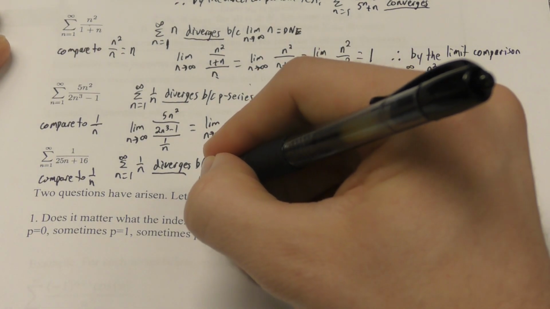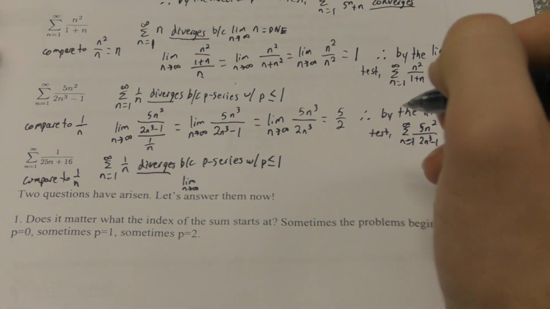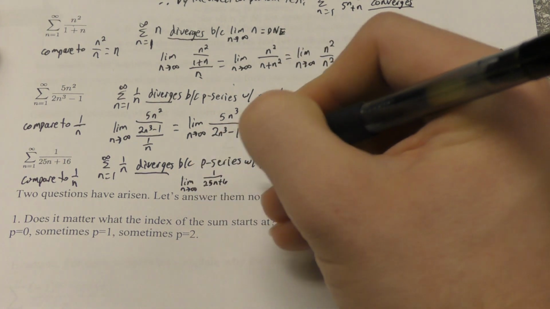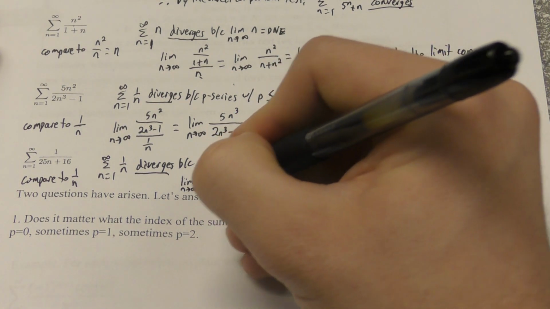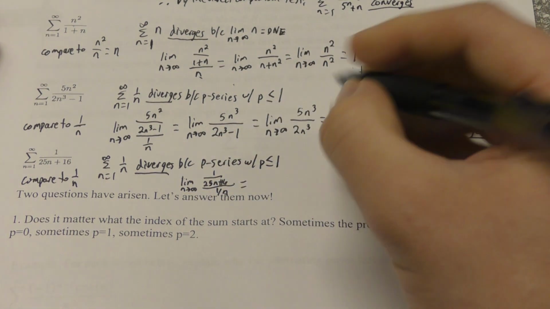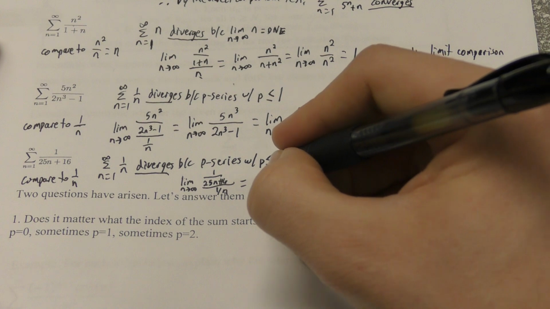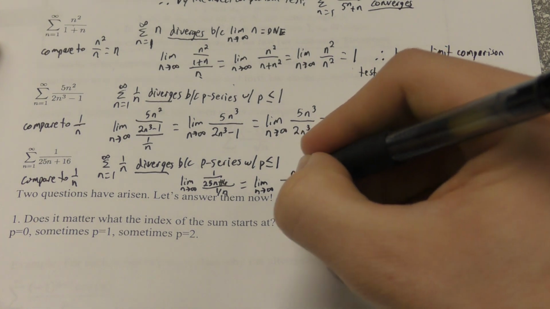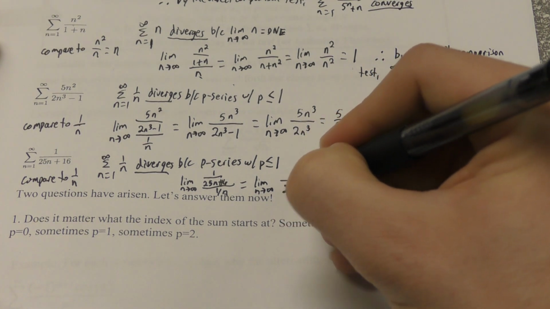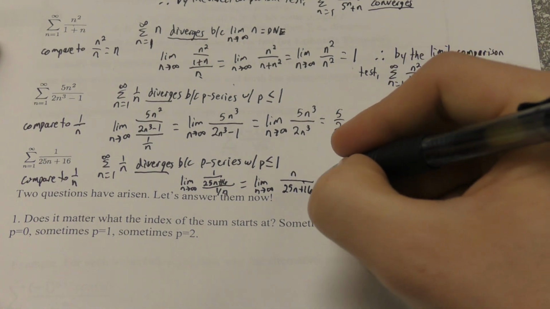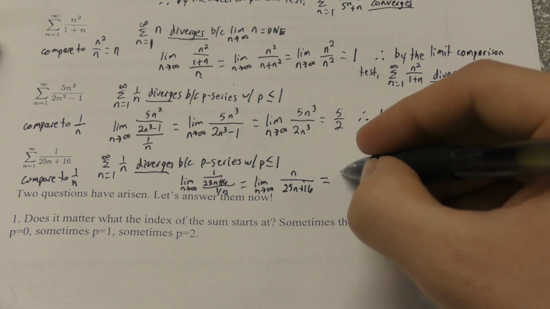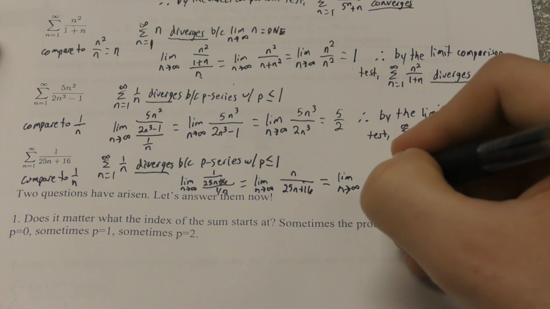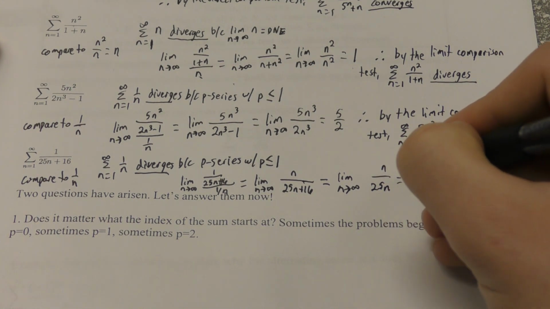My limit comparison will be the limit as n approaches infinity of 1 over 25n plus 16, over 1 over n. Multiply by the reciprocal, so that gives me the limit as n approaches infinity of n over 25n plus 16. Alright, n will dominate on top, 25n will dominate underneath, or use L'Hopital's rule, that will give me n over 25n, which will give me 1/25.